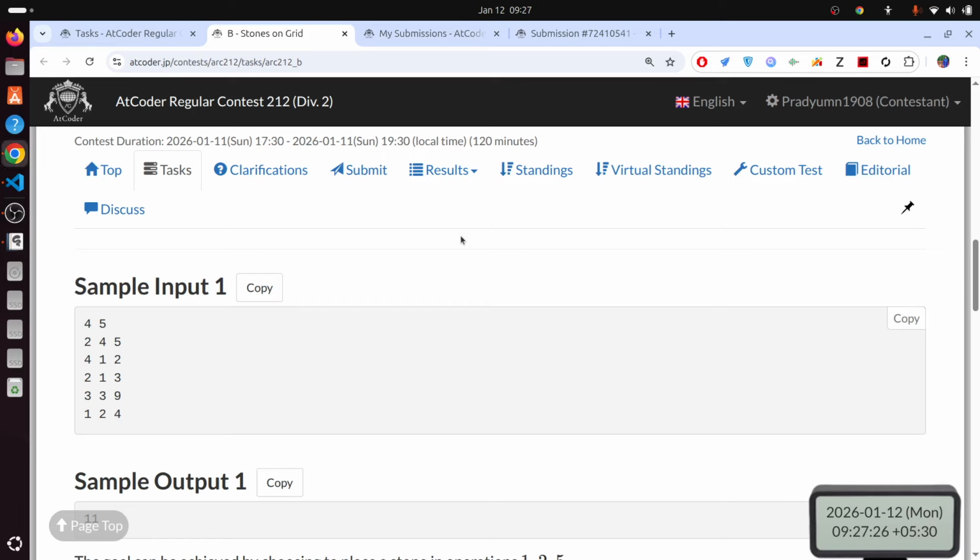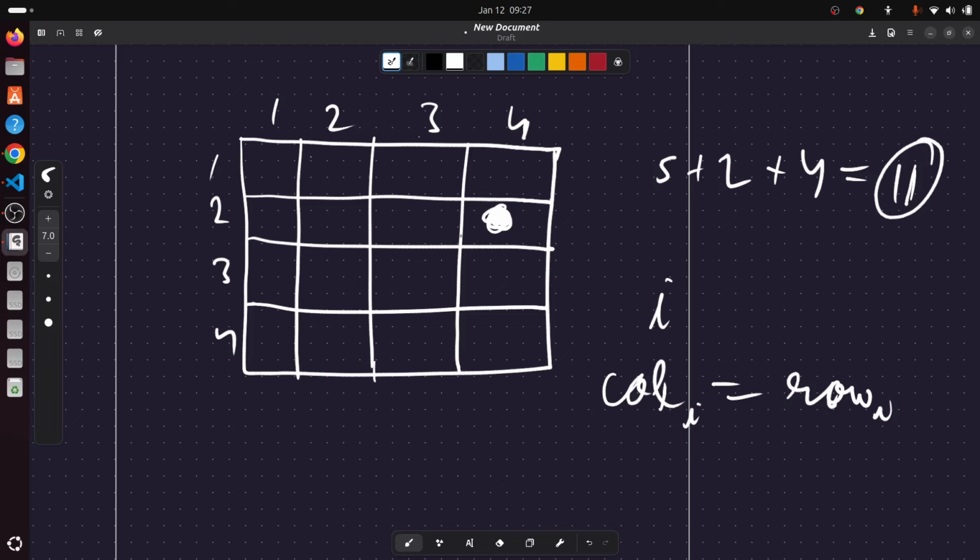Since I placed a stone on row 2 and column 4, I need to ensure that this row 2 is unbalanced and column 4 is unbalanced, right? I will call i balanced if the number of stones in column i is equal to the number of stones in row i.